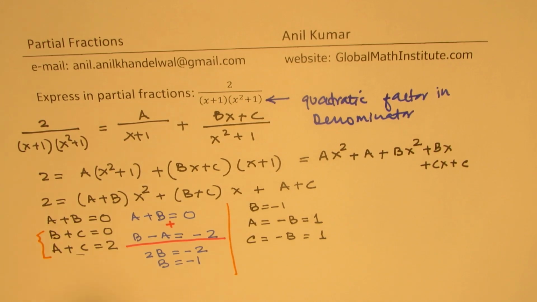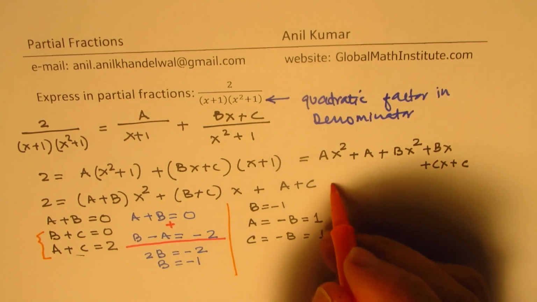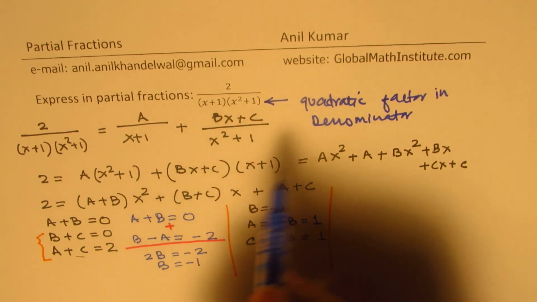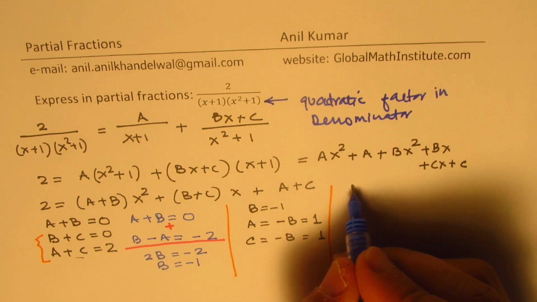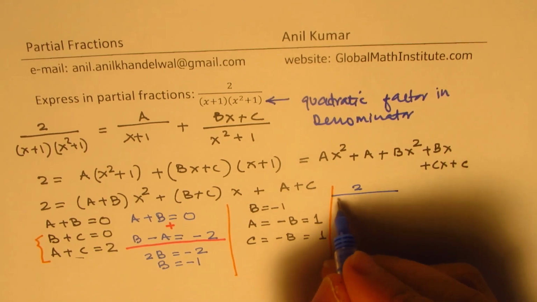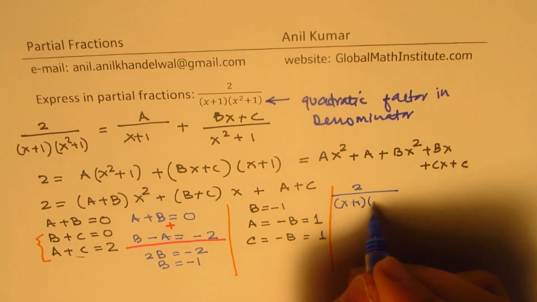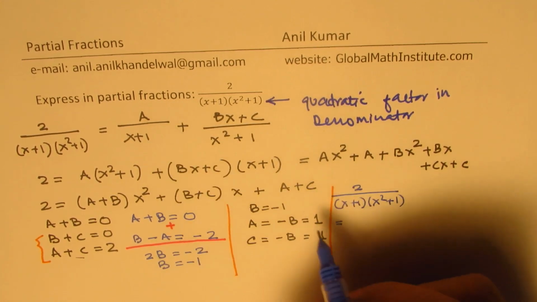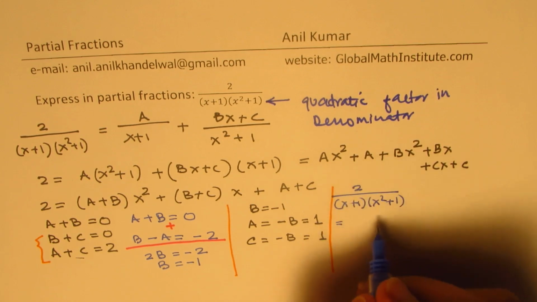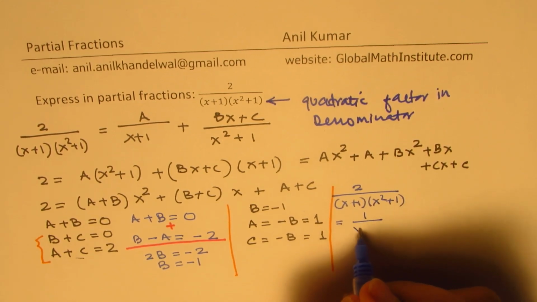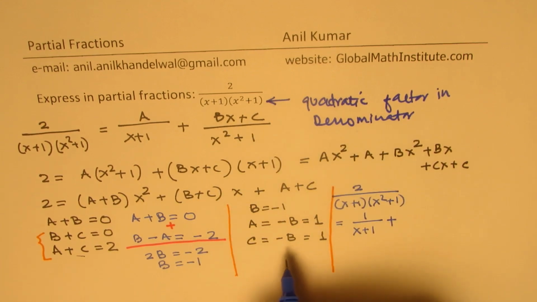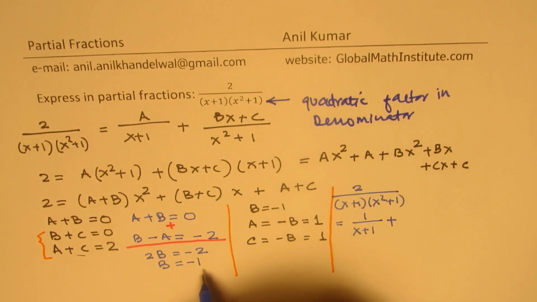And therefore, we could write the expression as, we have here 2 over x plus 1 times x squared plus 1 equals, a is 1 for us, so we get 1 over x plus 1 plus bx plus c, right? So the value of b is minus 1, right?